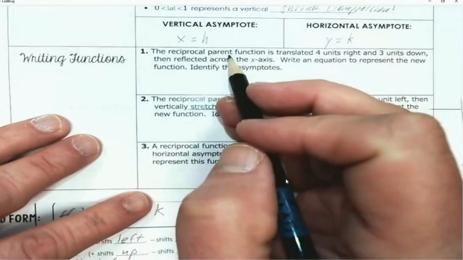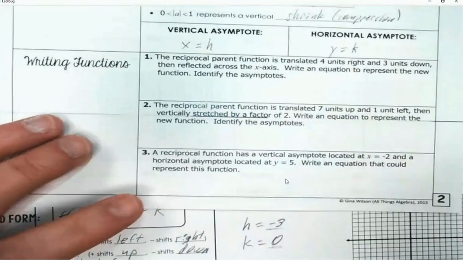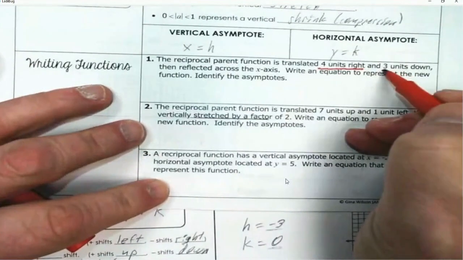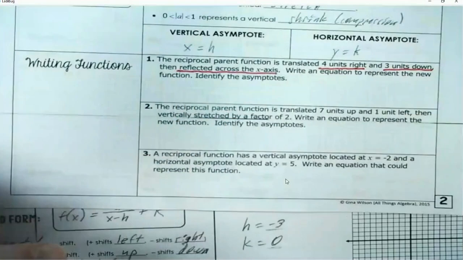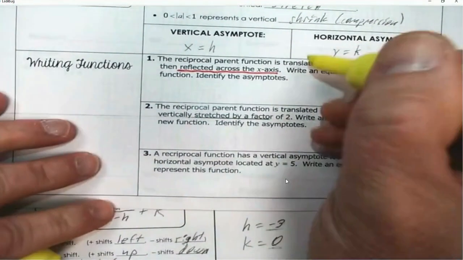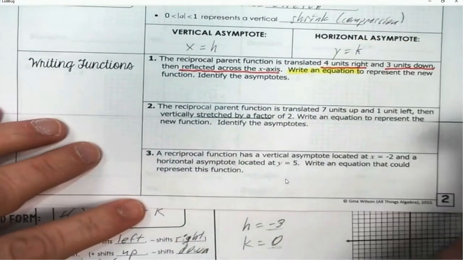The reciprocal parent function is translated 4 units right, 3 units down, and then reflected across the x-axis. And they want us to write the equation. All right, we can do that.